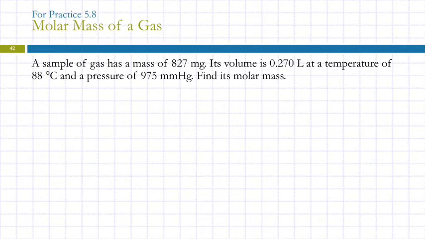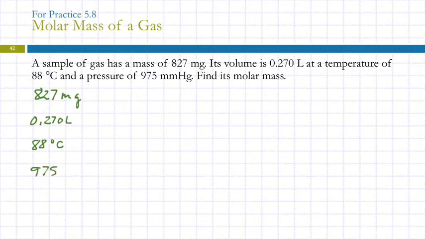So the first one is 827 milligrams, and then we've got 88 degrees Celsius. Oops, I skipped one. Let's just try to go in order here. 0.270 liters, then 88 degrees Celsius, and 975 millimeters of mercury.